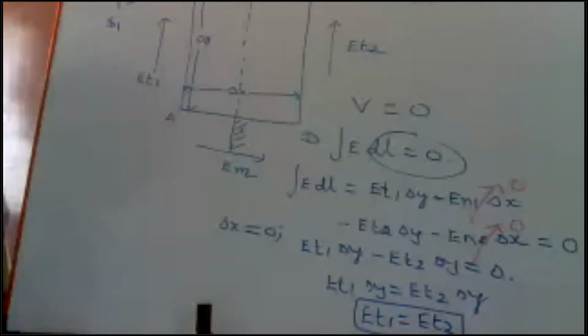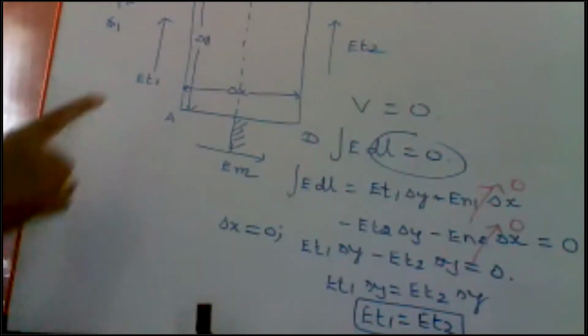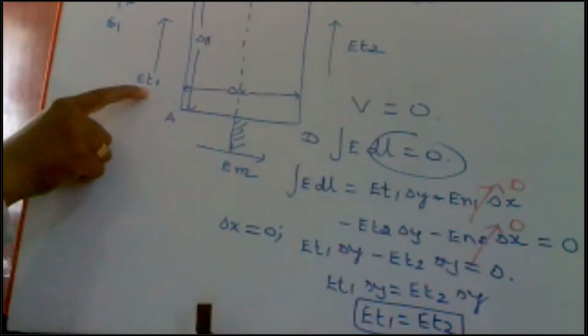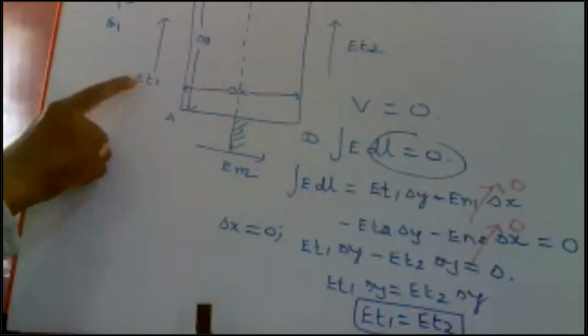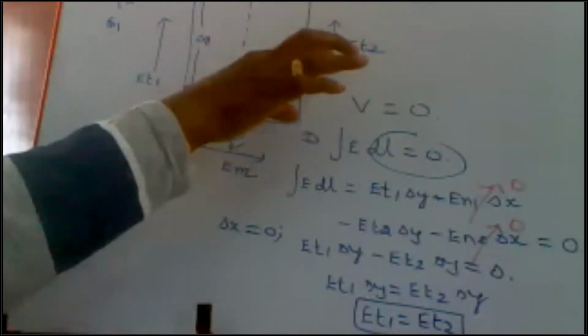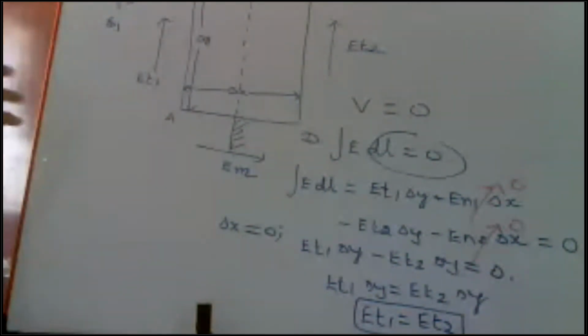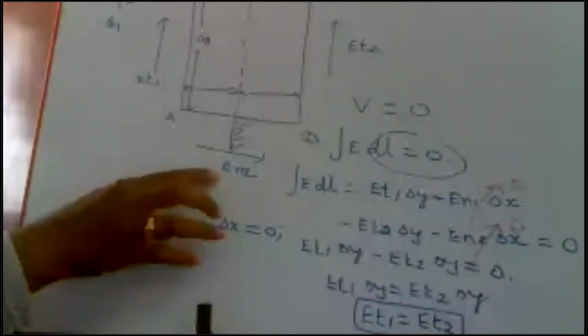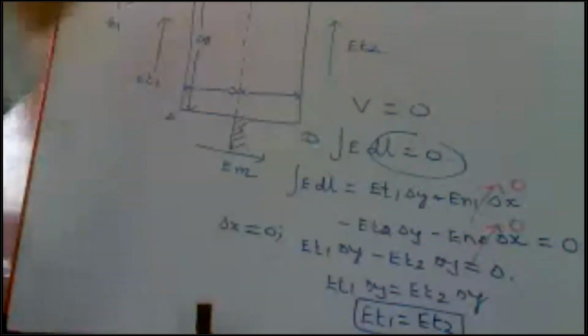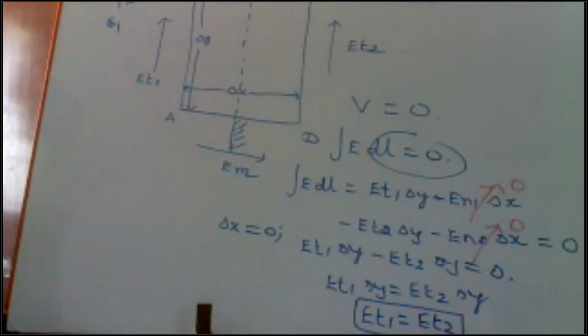நம்மளுடைய ஸ்டேட்மெண்ட் என்ன சொல்லுது? What is the statement number 1? The tangential component, et1, is the tangential component of electric field intensity in medium 1. In the same way, et2 is the tangential component of electric field intensity in medium 2. en2 is the normal component of electric field intensity in medium 2, and en1 is the normal component of electric field intensity in medium 1.